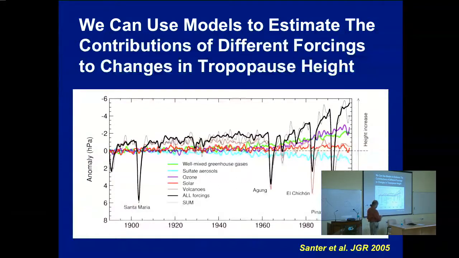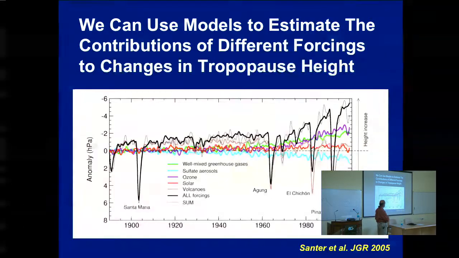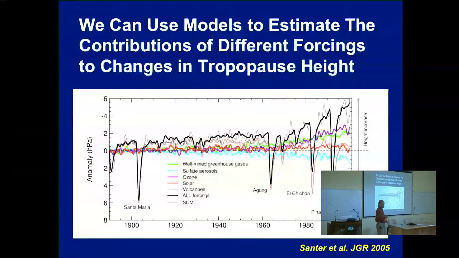So that will mean a tropopause height increase. Okay? So this increased tropopause height is a combination of both stratospheric ozone loss and greenhouse gas increase.